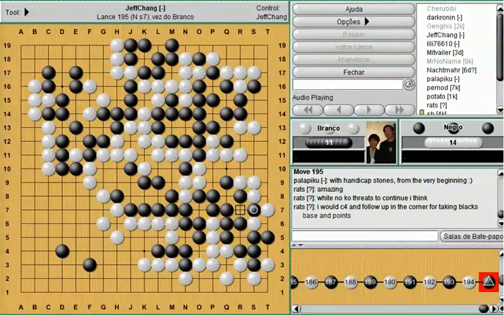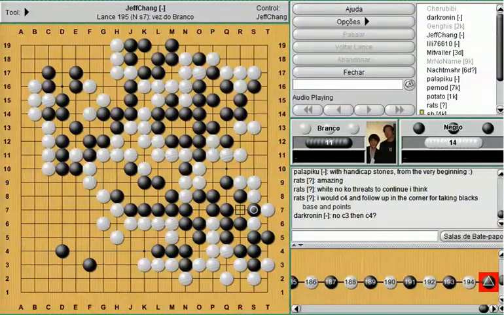Okay, when you say that, I want to remind you of one thing. You have correctly mentioned that white has no threat to continue. Does black have a threat to continue? Because if black does have a threat to continue, you should expect that when you play somewhere, there is a possibility black will still answer you.